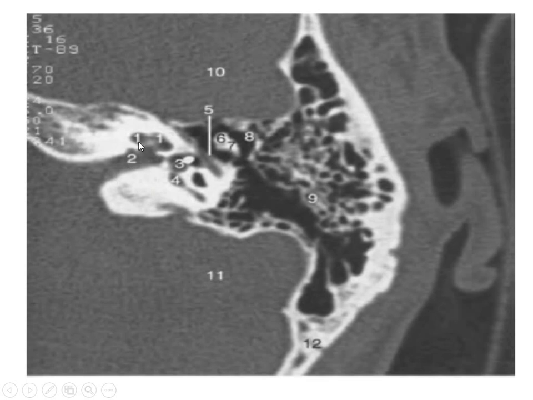This is the cochlear turns, and this is semicircular, semicircular canals, and this is the vestibule. This is the facial nerve, the bony canal of the facial nerve, and this is the middle ear and epitympanic recess.